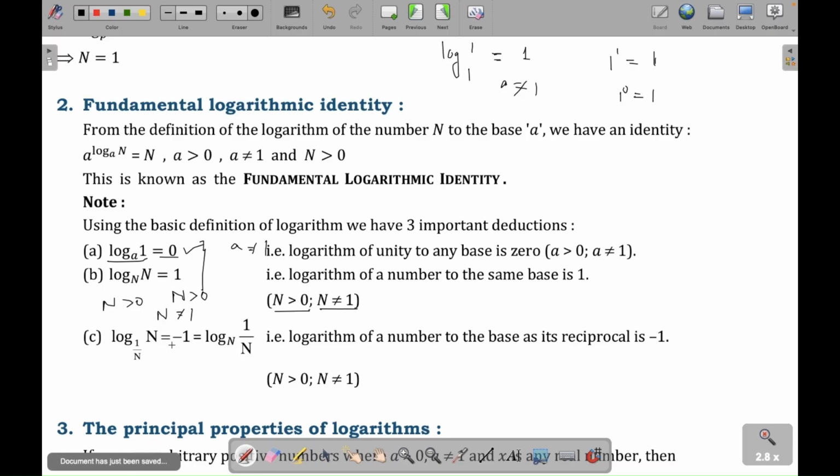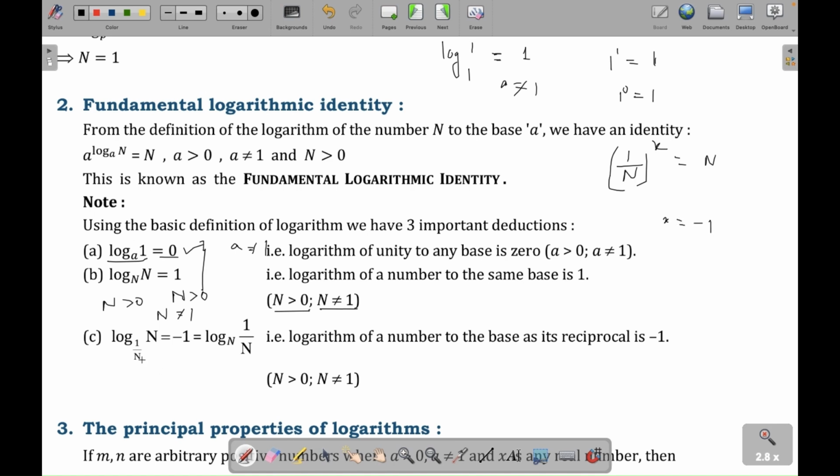Then you have log n to the base 1 upon n. Again, ask yourself this question: 1 upon n raised to what power gives you n? So minus 1. So x will be minus 1.